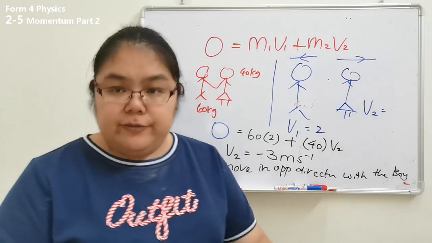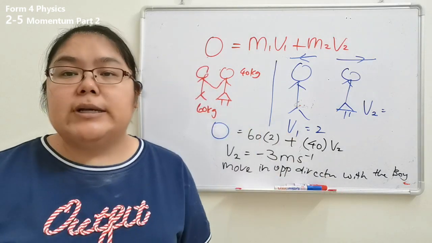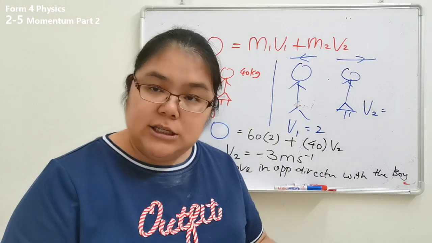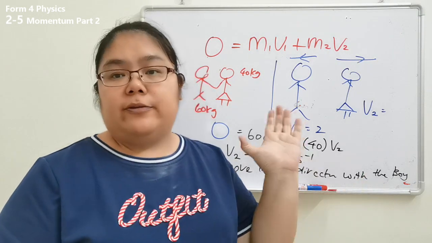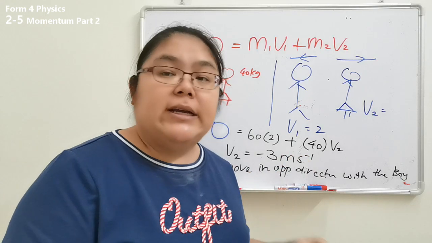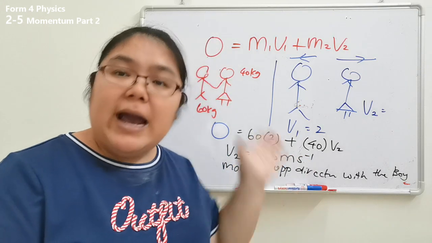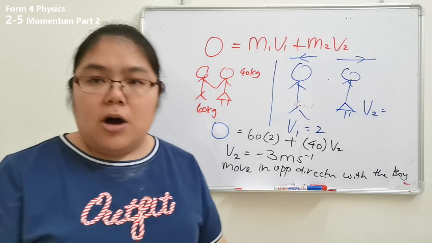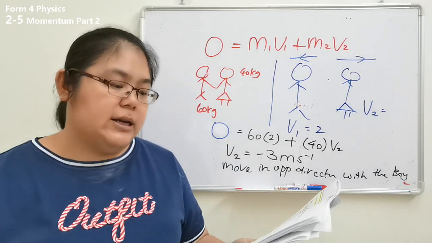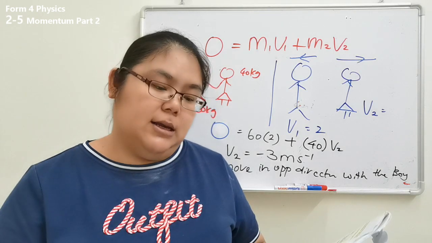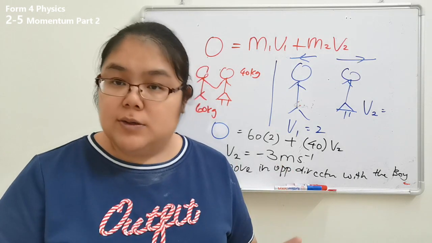That is one difference. Number 2 is kinetic energy. Kinetic energy for the elastic is all conserved. For the inelastic, before and after is not conserved. So we just got 2 differences only.